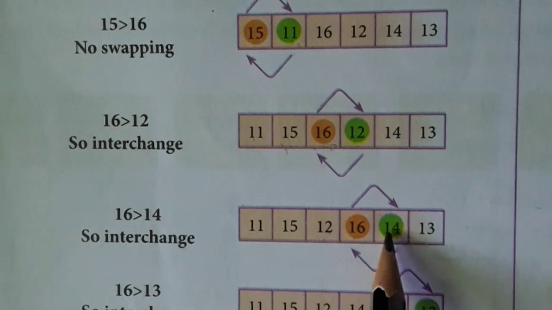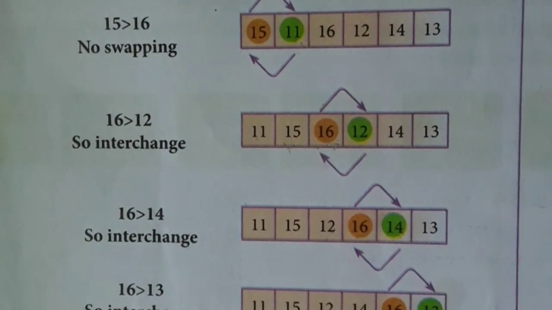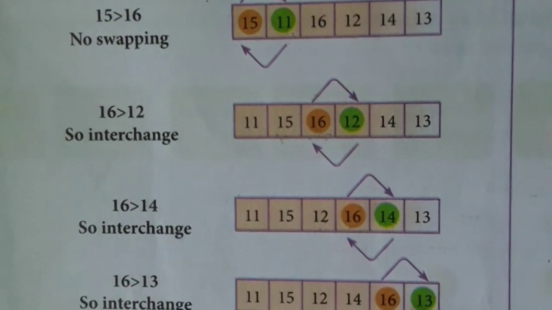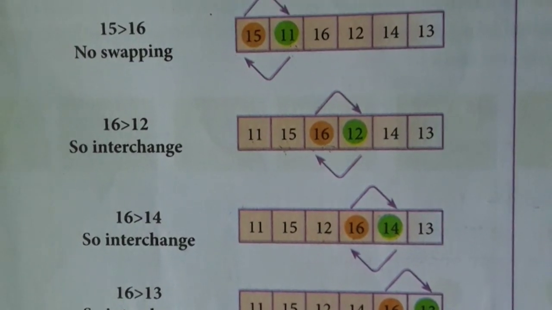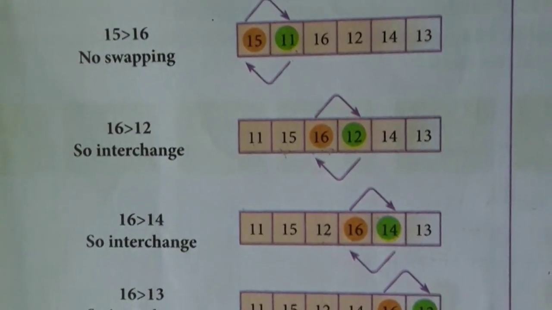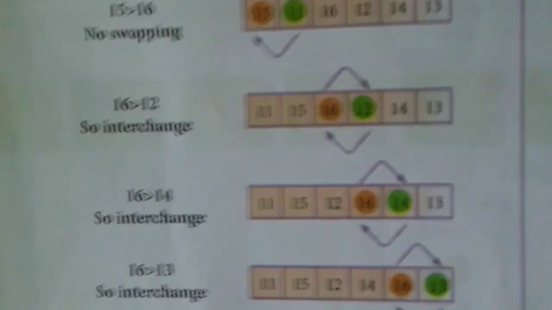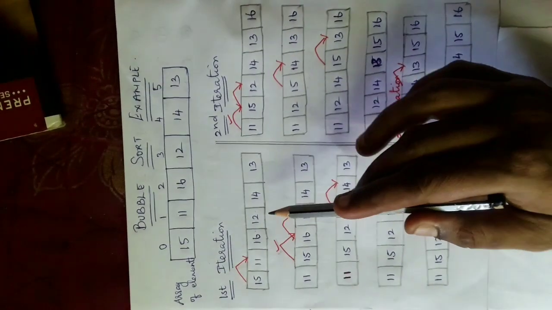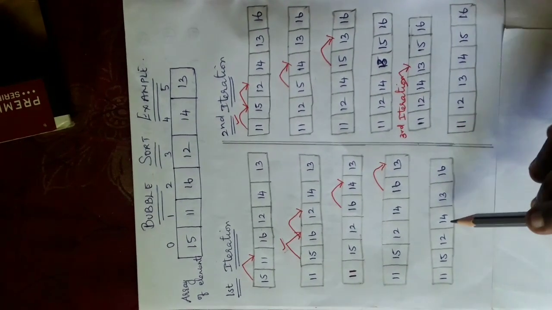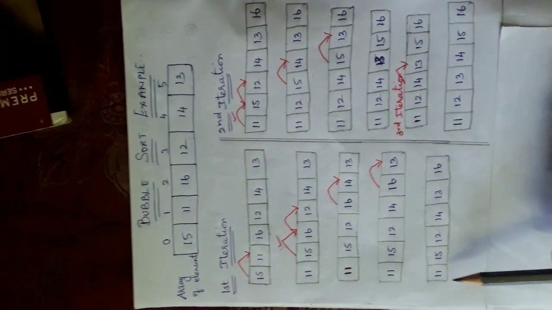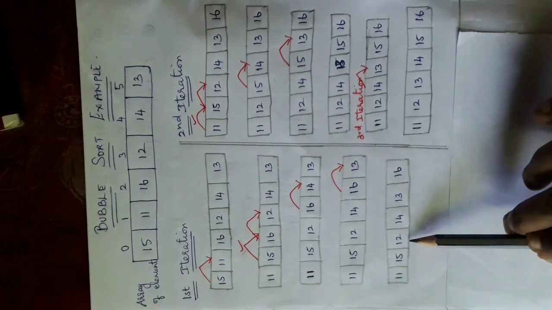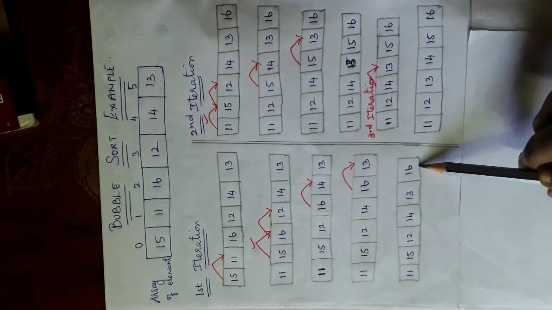Here, 14 is smaller, so 14 will come first. Then 16 and 13 will be compared. Among these two, 13 is smaller, so 13, 16. So, after finishing the first iteration, we got the answer as 11, 15, 12, 14, 13 and 16.